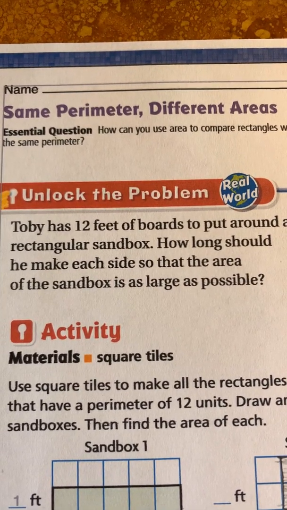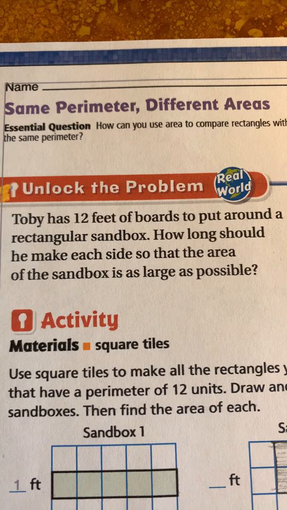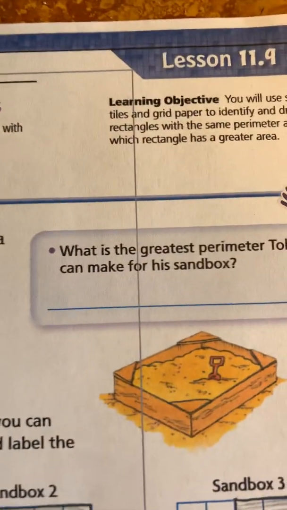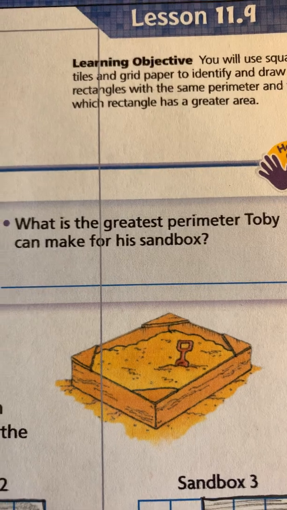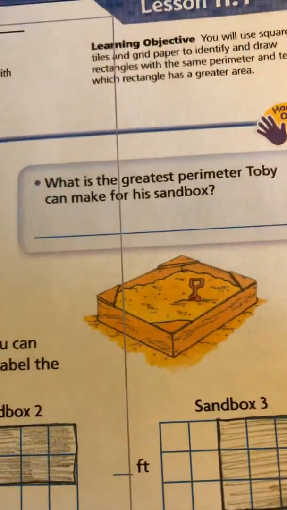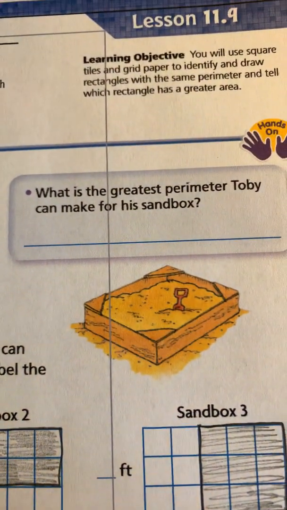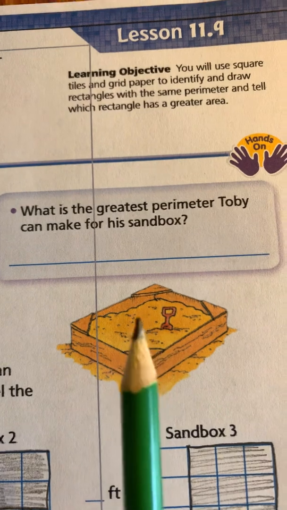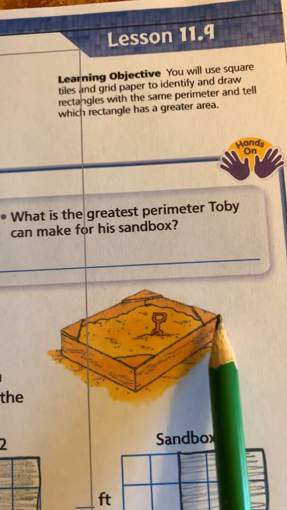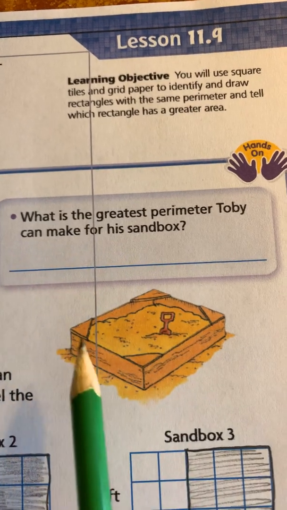Okay, so if Toby has 12 feet of boards, what is the greatest perimeter Toby can make for his sandbox? Well, he only has 12 feet of boards, so we know that he can only have 12 feet for a perimeter.